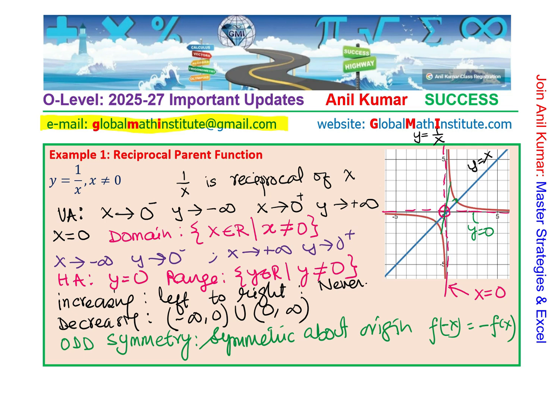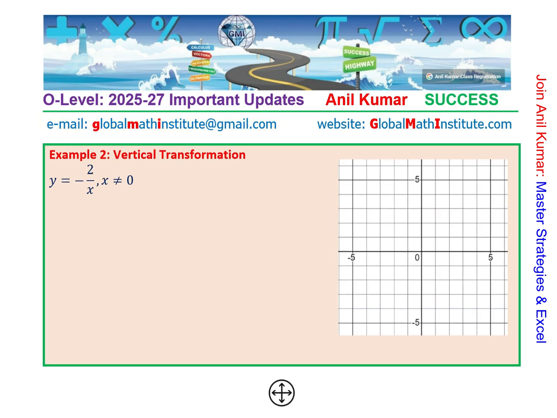Perfect. Now let's move on and see the second example, where we are jumping into other parts of this particular unit which relates our new function, the reciprocal function, with many other things. So we are now looking into vertical transformations. In vertical transformations, the graph is either reflected, vertically stretched, or vertically translated.